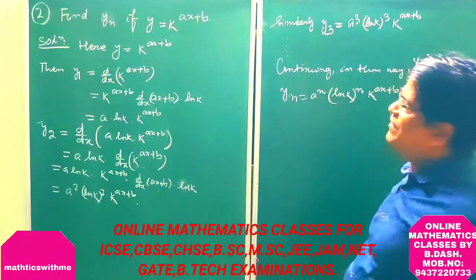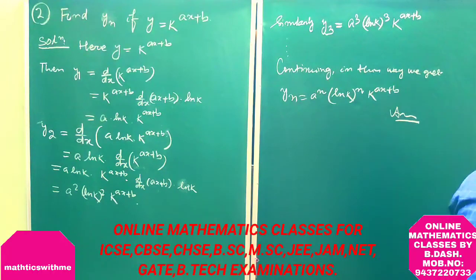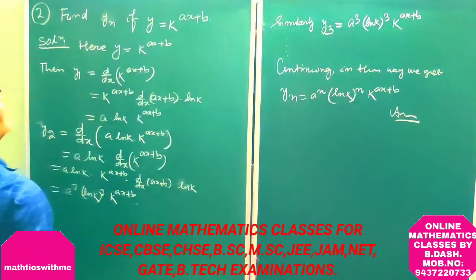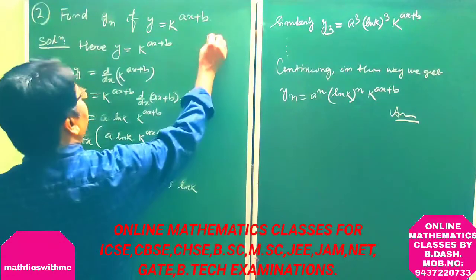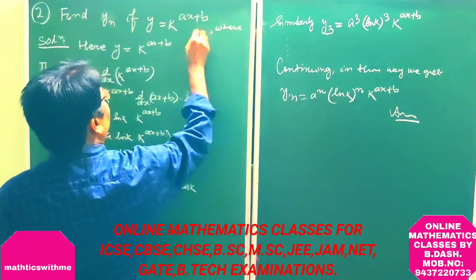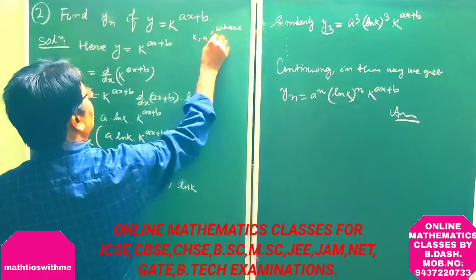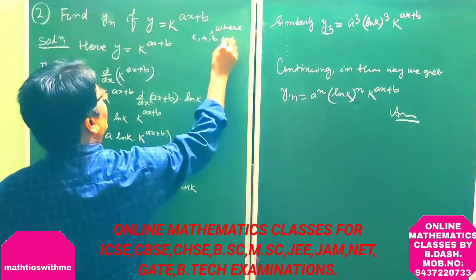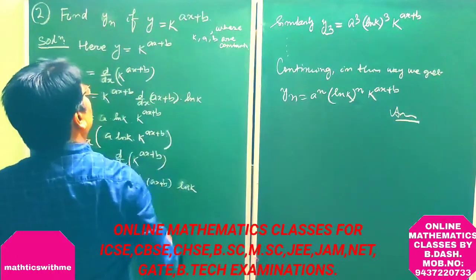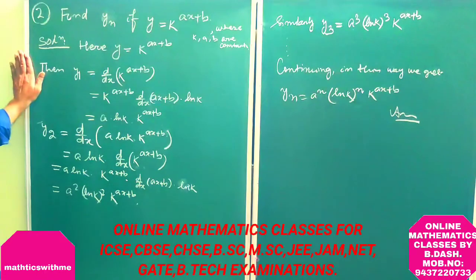So here y is equal to k to the power ax plus b, where k, a, b are constants.